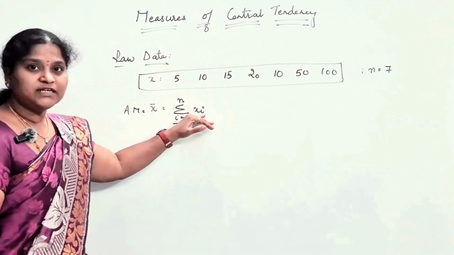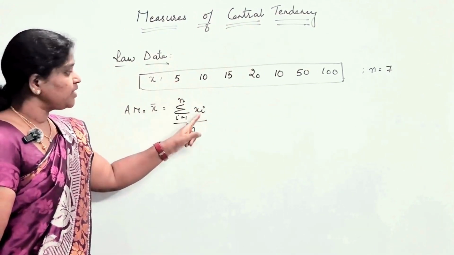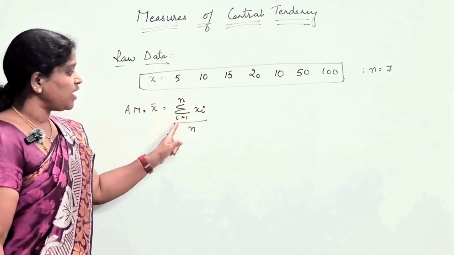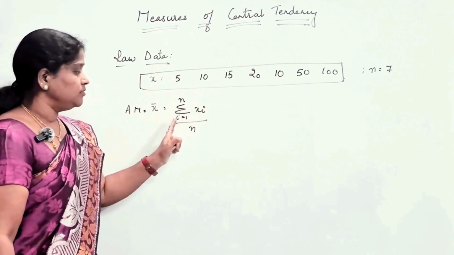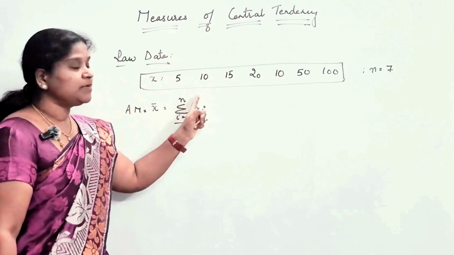Here xi will take x1 if i is equal to 1, that is 5, x2 if i is equal to 2, that is 10, x3 if i is equal to 3, that is 15, so on to x7 when i is equal to 7, and n value here will be 7.